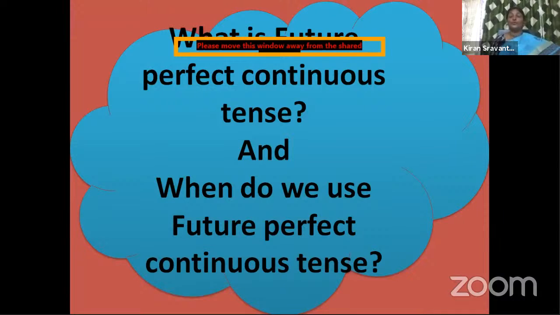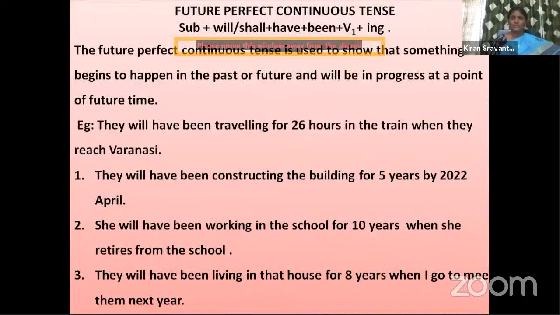And what is future perfect continuous tense? And when do we use it? Just to have an idea, we need not go so serious about these, because future perfect tense and future perfect continuous tense we rarely use in our day-to-day speech, but let us have a minimum understanding of these two.